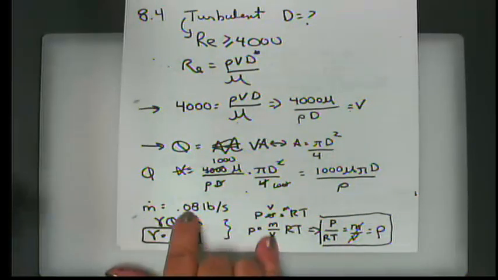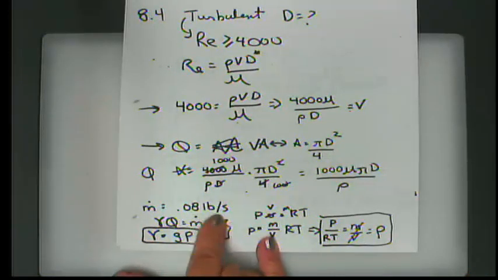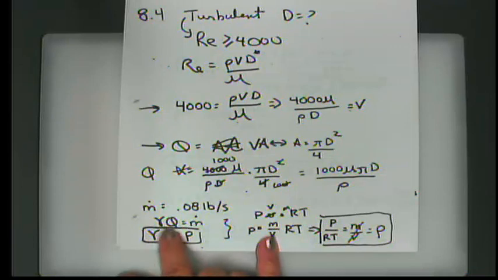All right, so using a mass flow rate of 0.08 pounds per second, my gamma times Q, my specific weight times volumetric flow rate, is mass flow rate, or I can say that gamma is also equal to G times rho.